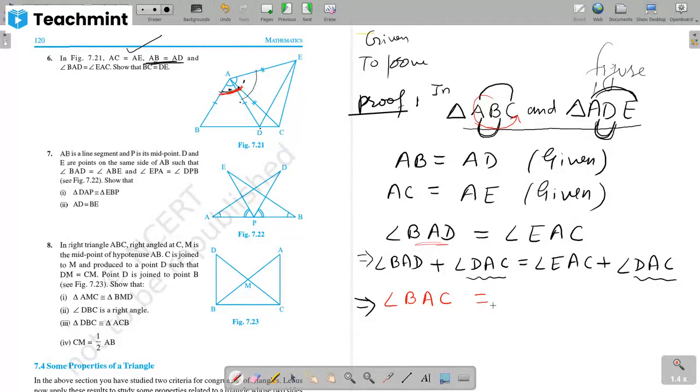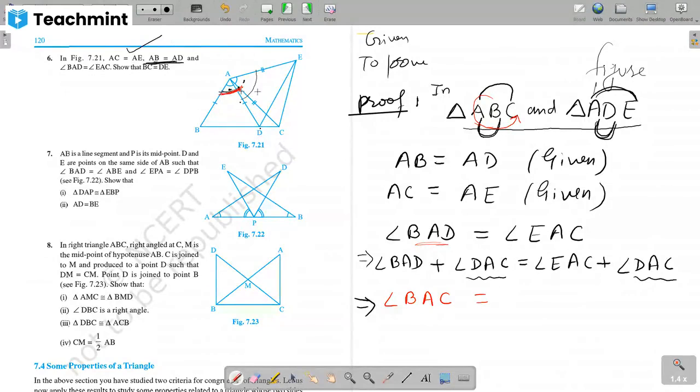By adding this small angle, because we have considered triangle ABC. In ABC, we have angle BAC, not BAD. So we need to include this one.